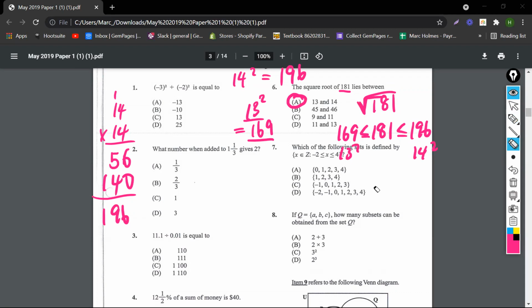Yes, sir. I just worked this out because the square root of 181 is 12, so it's between... It's 12, right? Sorry, bro. Hold on. The square root of 181 is not 12. It's 13 point something. Oh, right. Sorry.